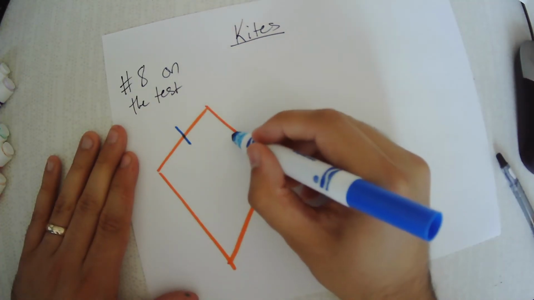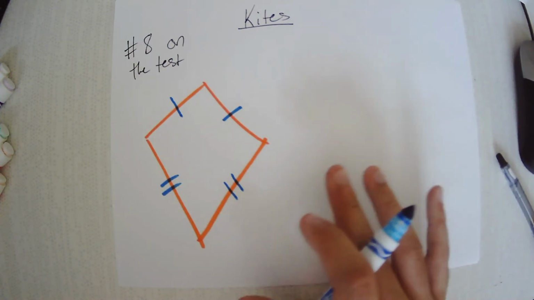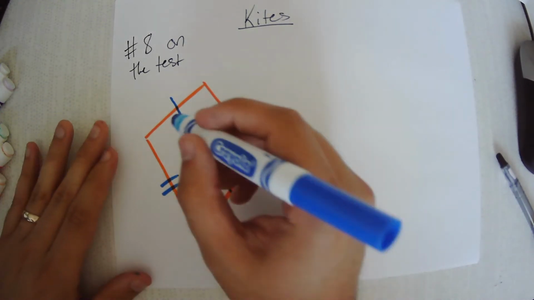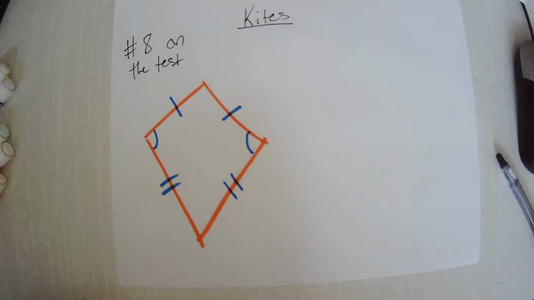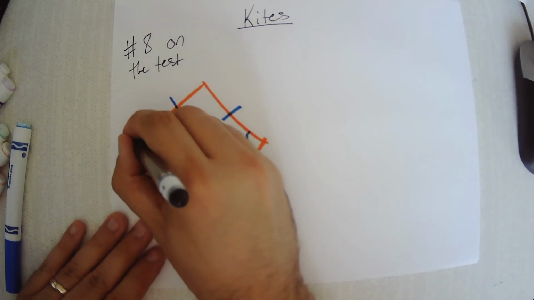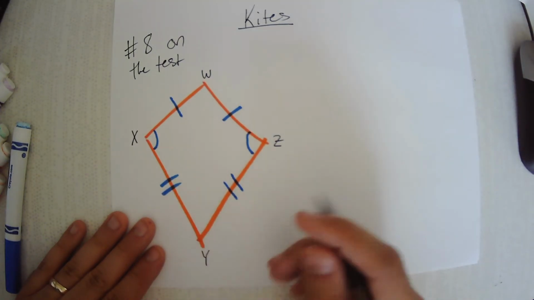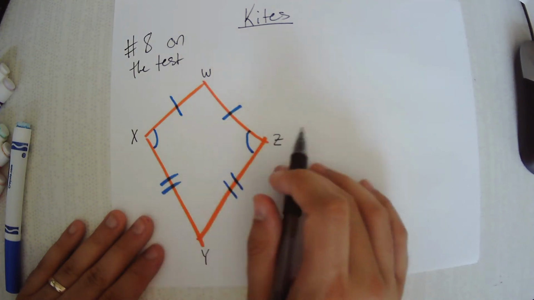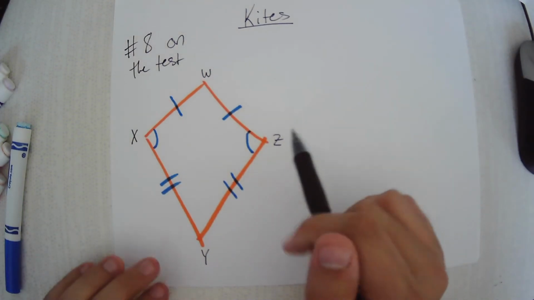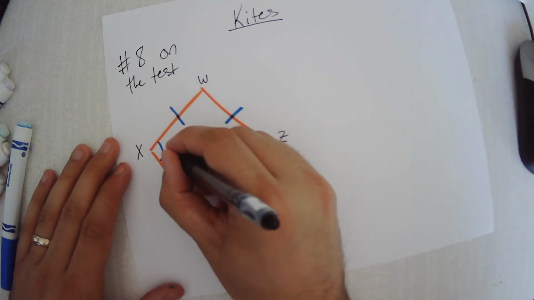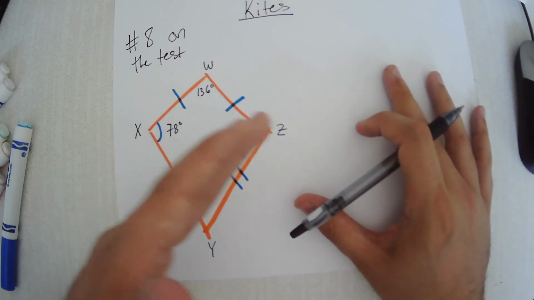It was at the end of the unit, and we had other things we were focusing on more. There's only one real idea we talk about, and it was this angle matches this angle. So I put letters to it. This will be X, this will be W, this will be Z, and this will be Y. Z and X are going to always match, and W and Y are always not going to match. Only one pair matching sides. So knowing this is 78, knowing this is 136, I can actually find the remaining pieces.